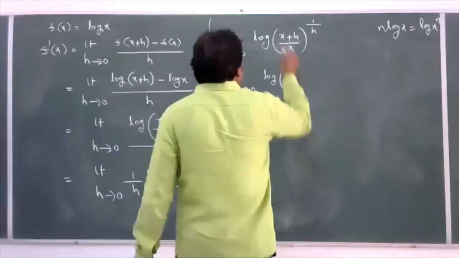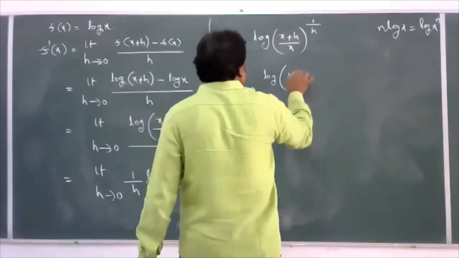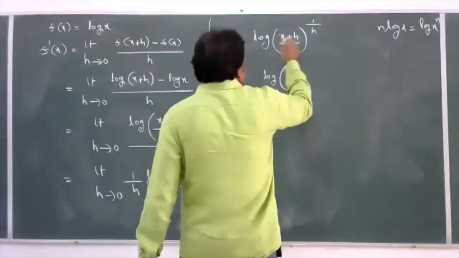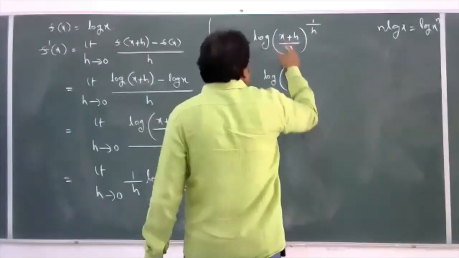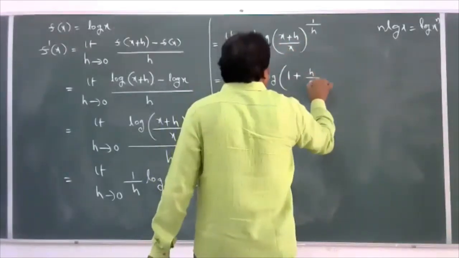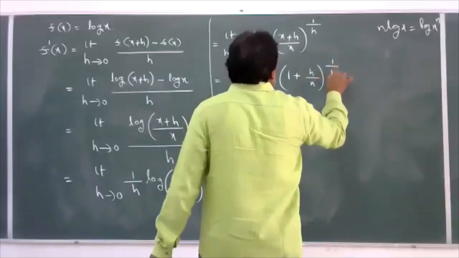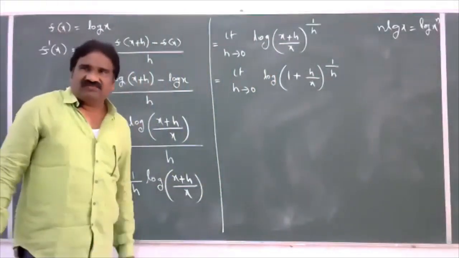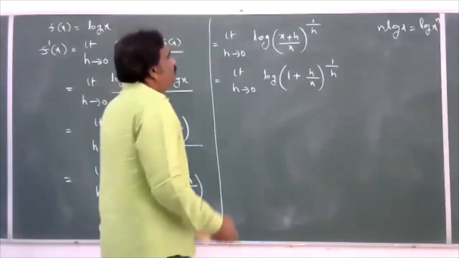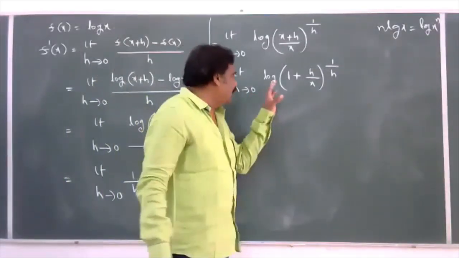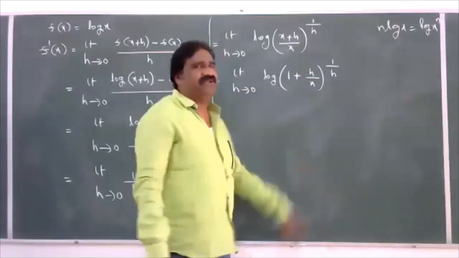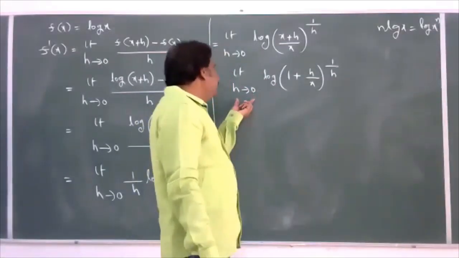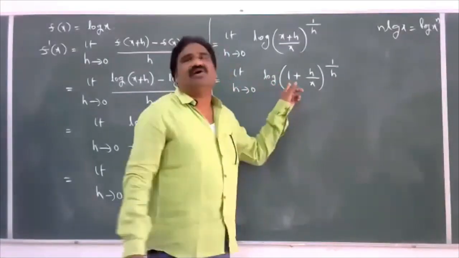Split this function x plus h by x. X by x is 1, plus h by x, whole power 1 by h. So here you can interchange the logarithmic function and the limit. That is, you can take the limit of the function inside the logarithmic function.